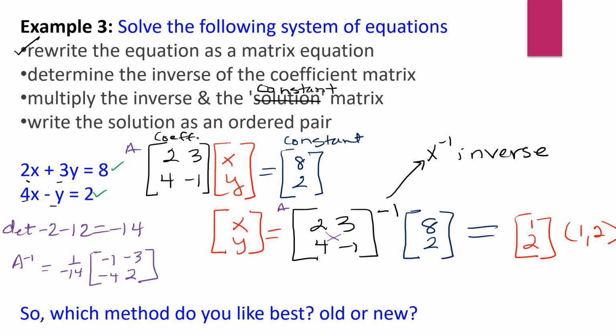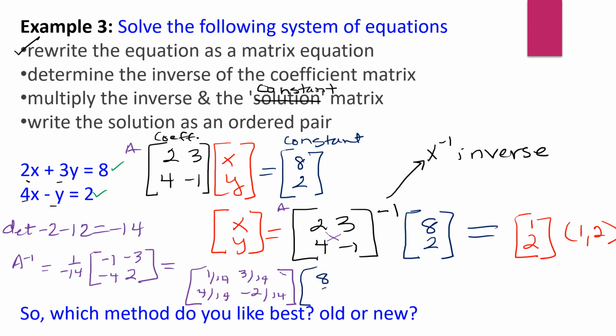When I distribute through, I will get that the inverse of matrix A, or that coefficient matrix, is +1/14, +3/14, +4/14, and -2/14. You don't need to simplify them right now because we're using it to solve an equation, so we can go ahead and just continue on. So there's the inverse of A, or those coefficients.